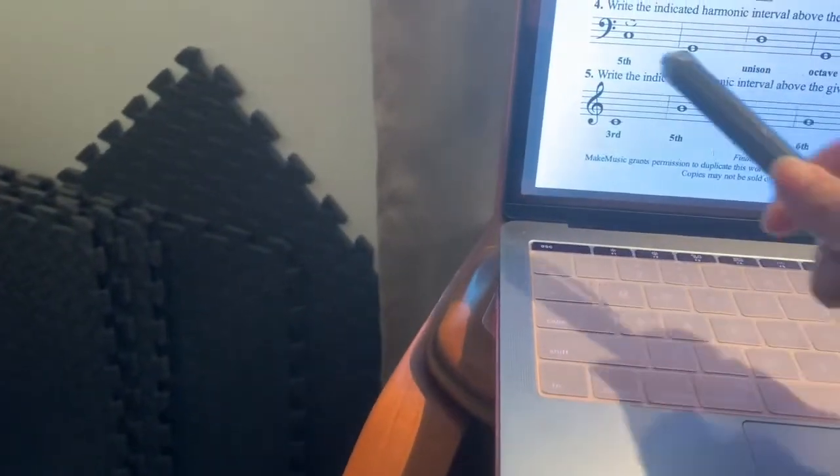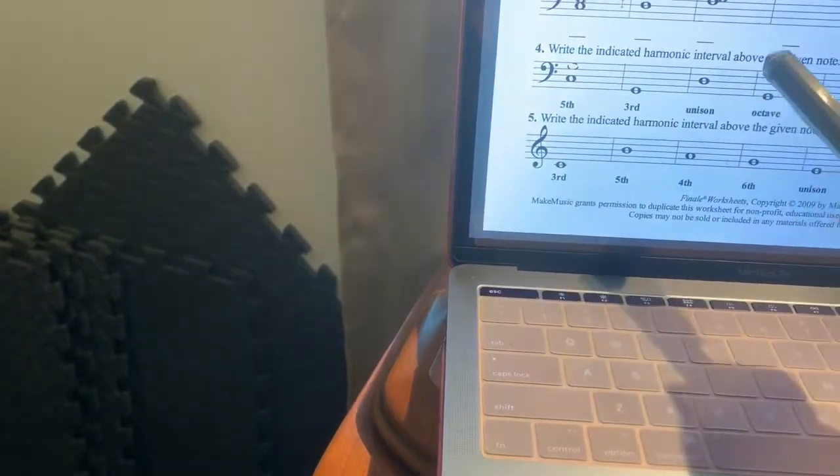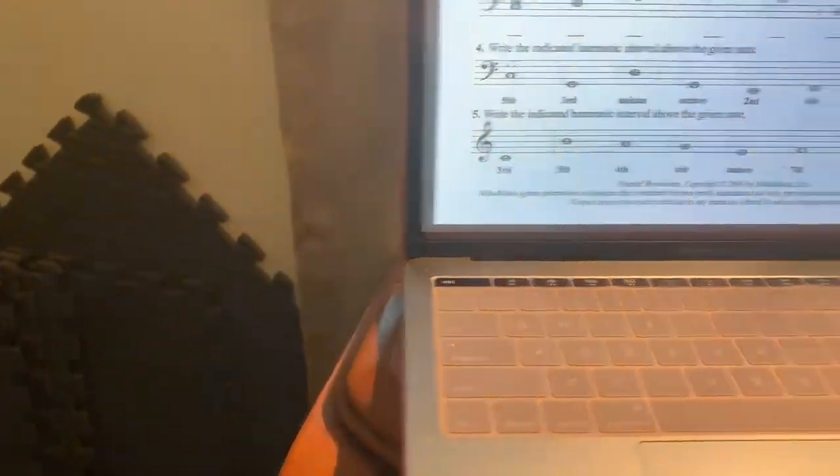So this one, I need to write the harmonic interval above the given note. So they're asking you to write the note. For number 4, what I'm going to do is draw my staff. It kind of already helps. That's pretty much drawn for you. 5 lines. 1, 2, 3, 4, 5.